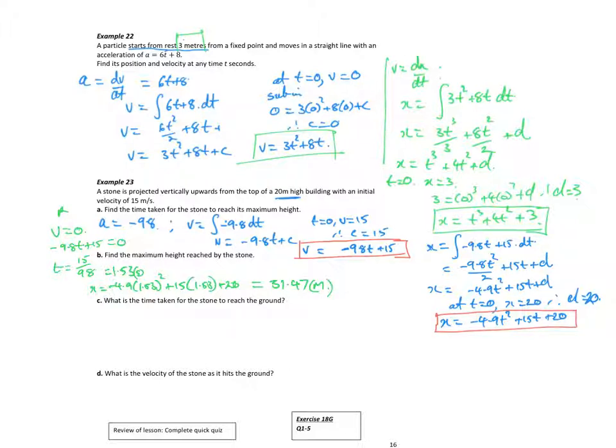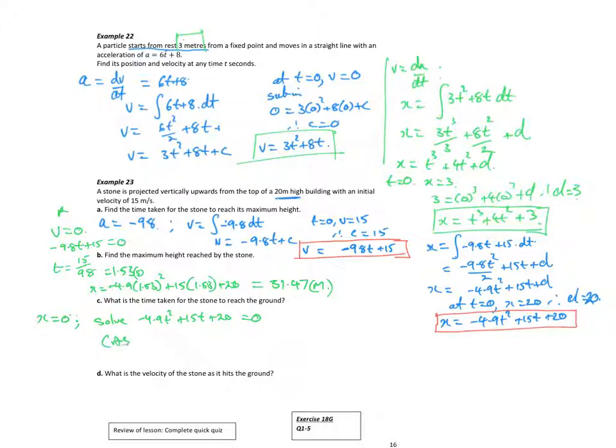Okay, what is the time taken for the stone to reach the ground? So in other words, I need x equal to 0. So I need to solve negative 4.9t squared plus 15t plus 20 equal to 0. We're going to use our CAS here.